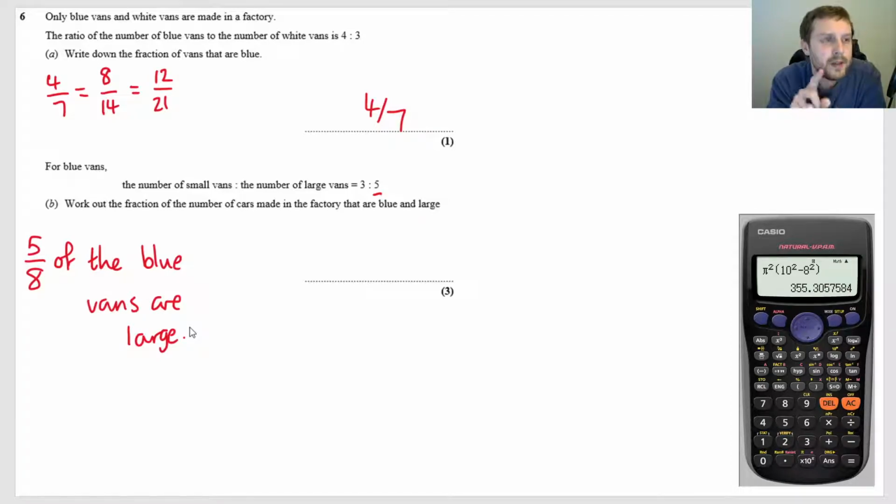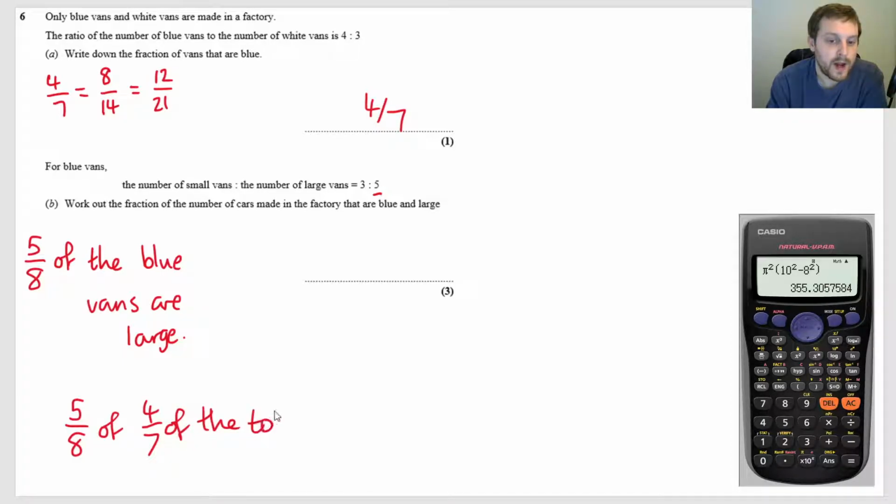But that's 5/8 of 4/7 of the total number of vans being made in the factory, right? 4/7 of the vans in the factory are blue. So we have 5/8 of 4/7 of the total vans of the factory.